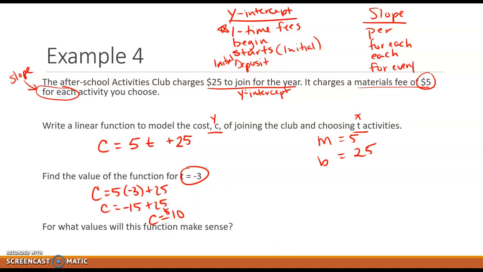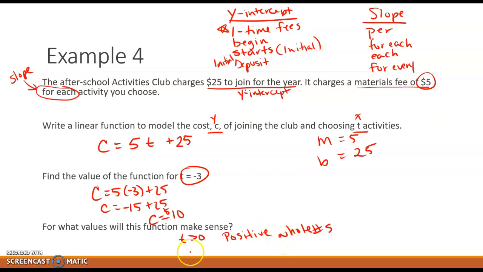For what values will this function make sense? So let's think about this. T is the number of activities you choose. Can we choose negative activities? And the answer is no. So it only makes sense for when T is greater than 0, which are positive whole numbers.